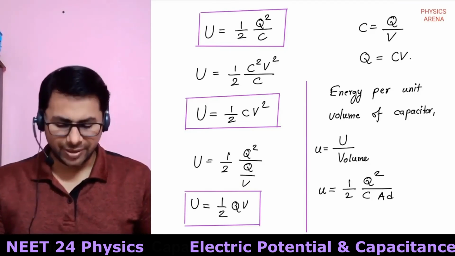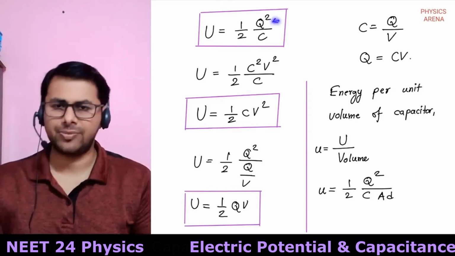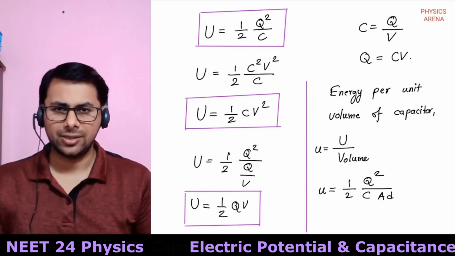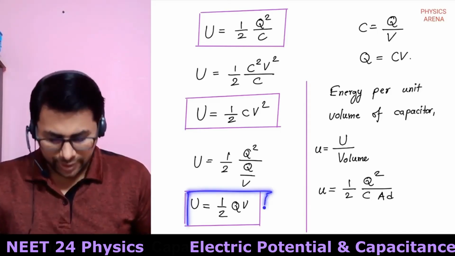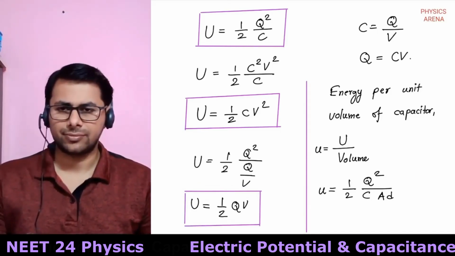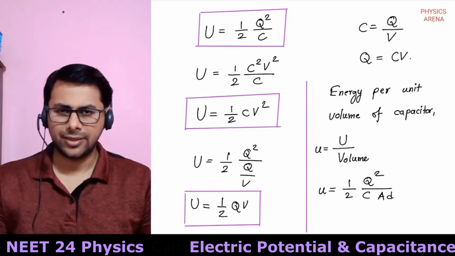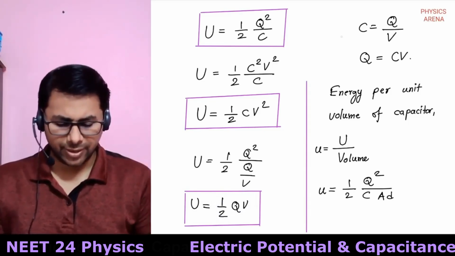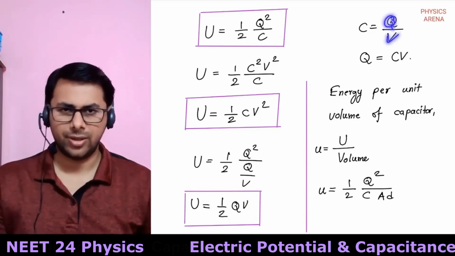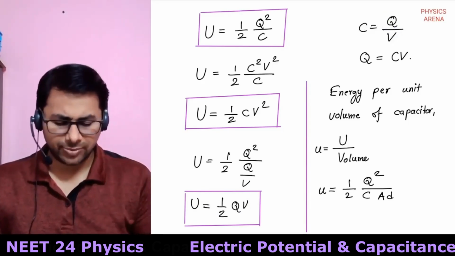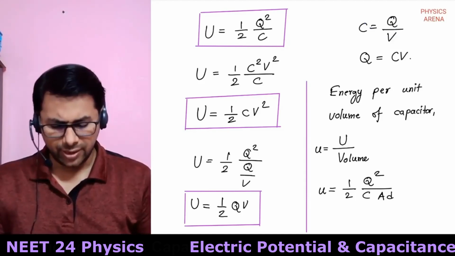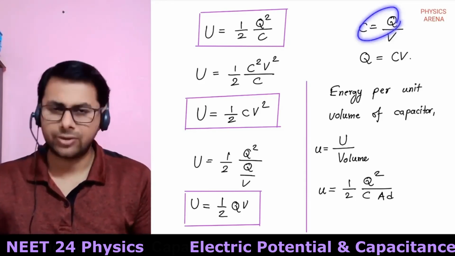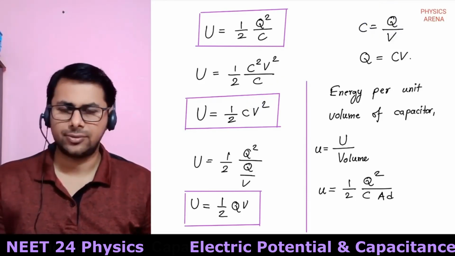But we can always find out the energy stored, given the potential difference and the charge. Even if you don't remember this, you can find C equal to Q by V. If you are given Q and V, you just find C equals Q by V. Then you know V and you have found C, so you can use this formula.